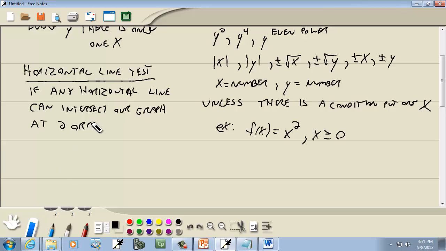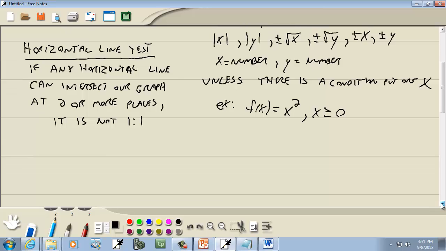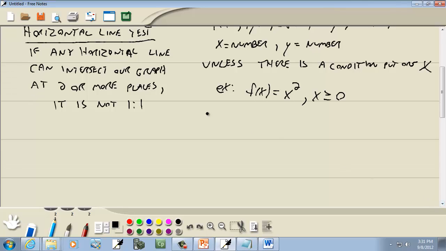Wish I wrote faster. So if any horizontal line can intersect a graph at two or more places, it is not one-to-one.